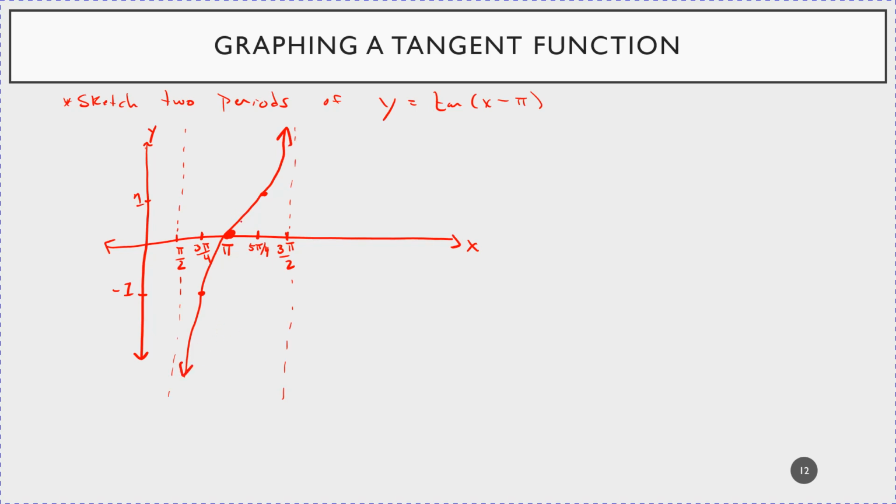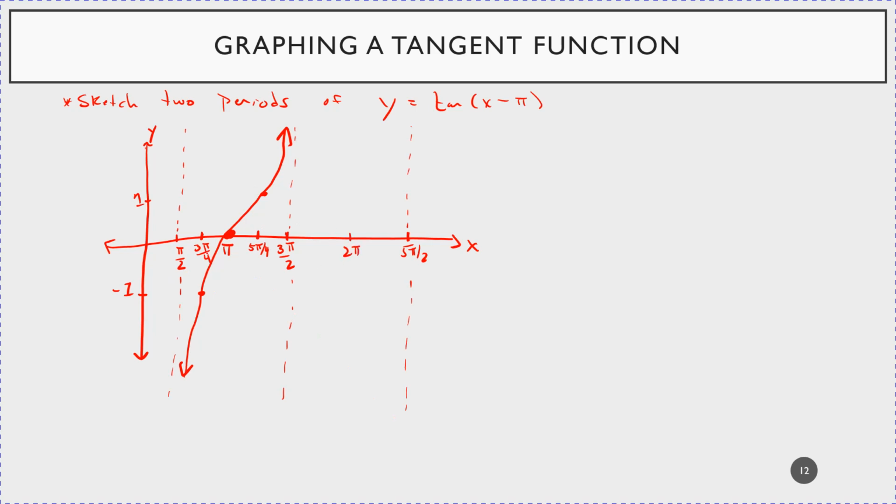So now you just need to repeat it. Everything happens every pi because that's the period. To get the next asymptote, you're going to add pi to this. It's going to be all the way out at 5 pi over 2. What falls in the middle here, add a pi to it, you get 2 pi.